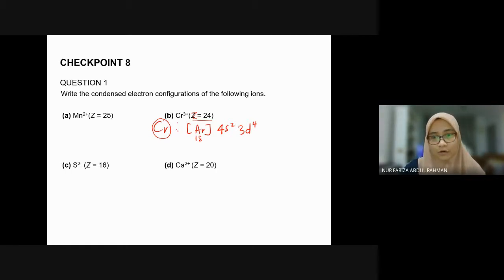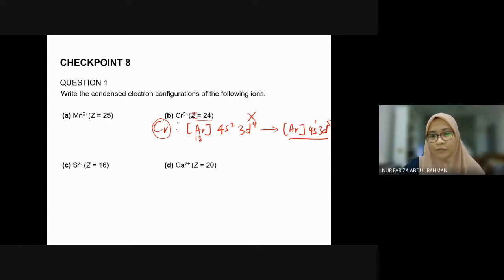Betul tak? Chromium is anomalous. So sepatutnya this is what we expected, okay? Tapi sebenarnya dia macam ni. Argon 4s1 3d5. Okay, ingat ni anomalous ni. Dia bukan macam ini, dia begini. 4s1 3d5. Okay, so 3 of its electrons will be removed.